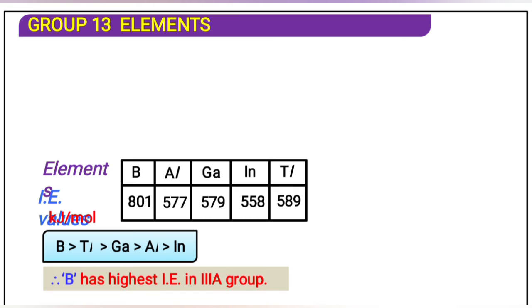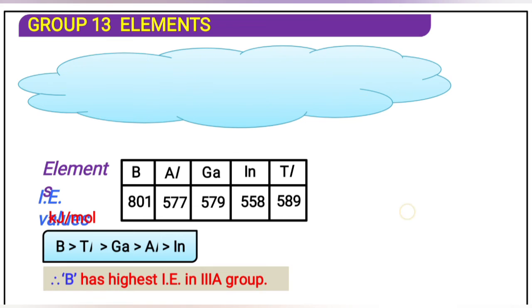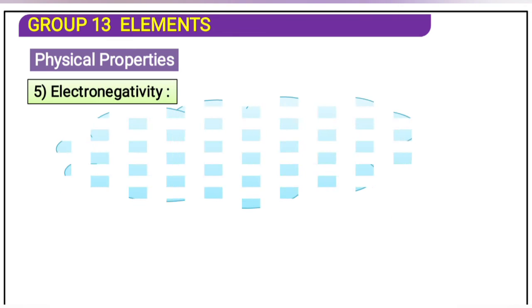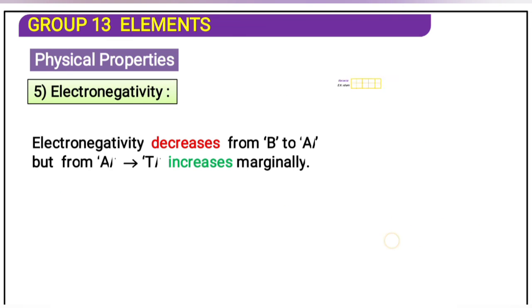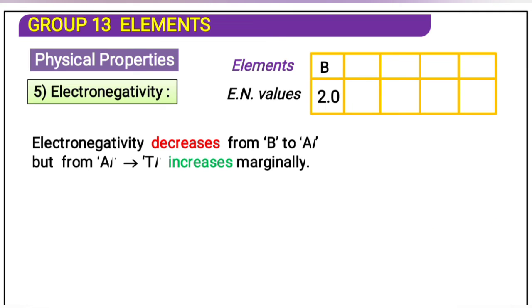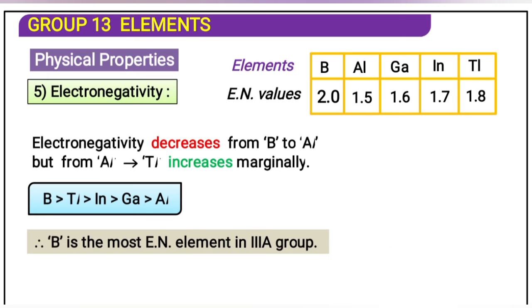In gallium there is involvement of 3d10. Electronegativity: as you go down in a group, metallic character decreases, so electronegativity also decreases. Okay, but in aluminium there is amphoteric nature, in gallium there is amphoteric nature. So this is the order.